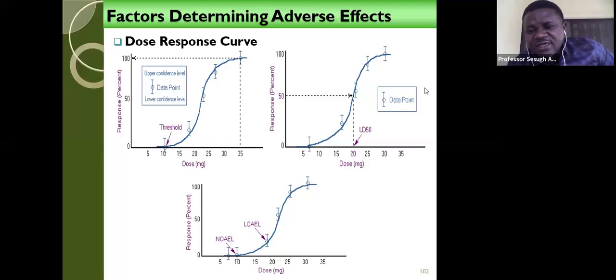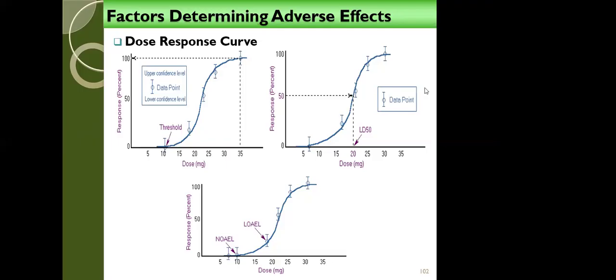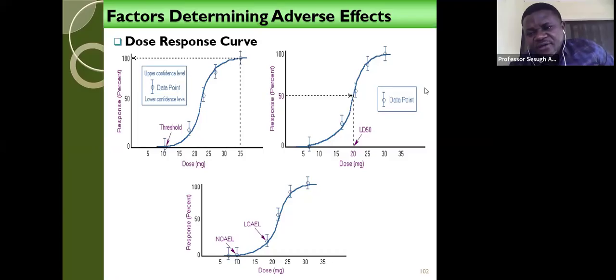It means that 50% of the organisms were killed at 20 milligram administration of the drug or of the chemical. Do you understand? That is lethal dose. Lethal means death, and dose is 20.